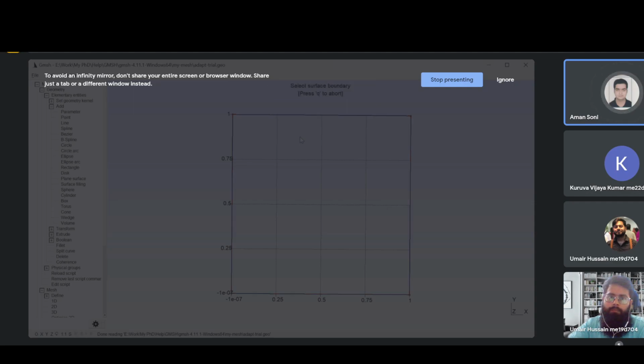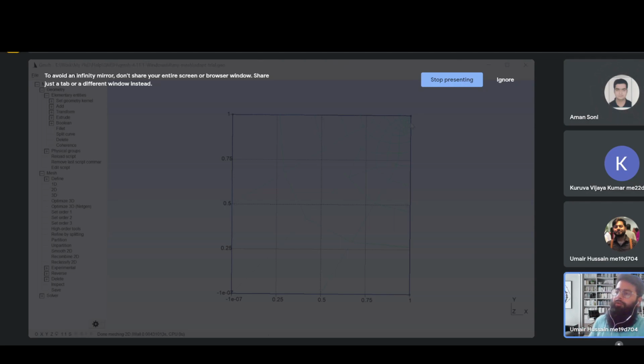Now it will work. Now we see the mesh, and it's even smaller. You can see the difference in the mesh size.